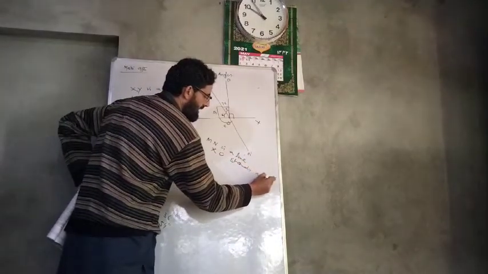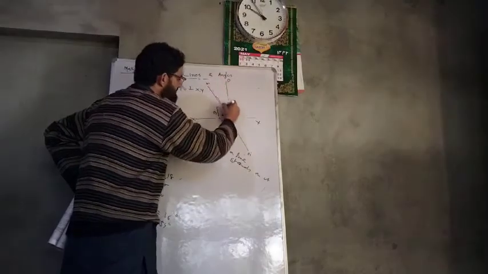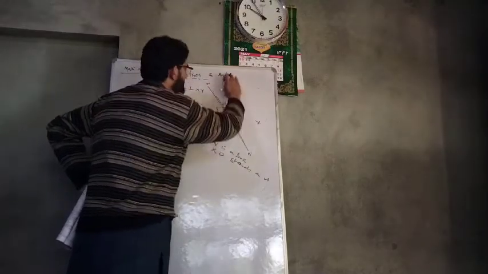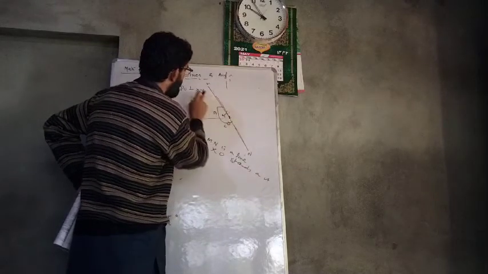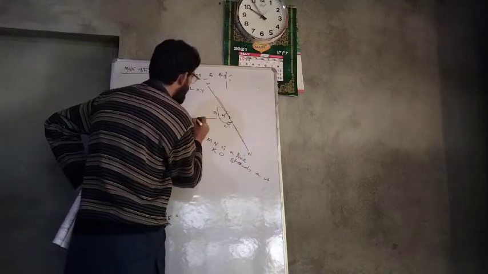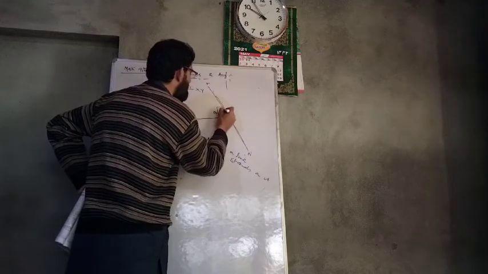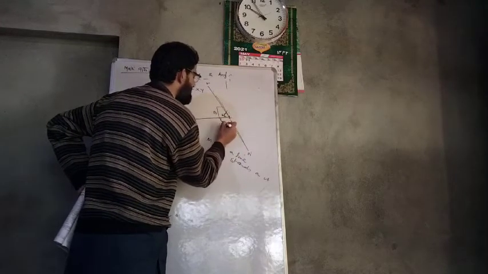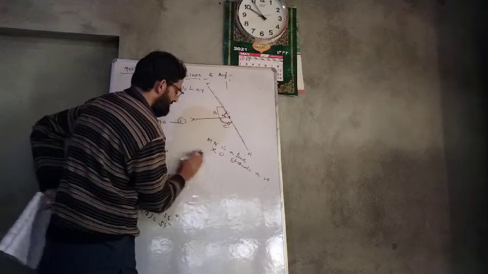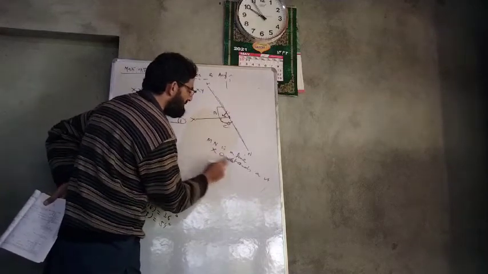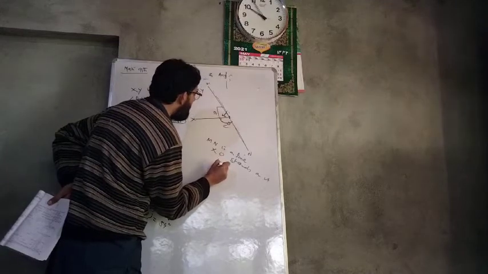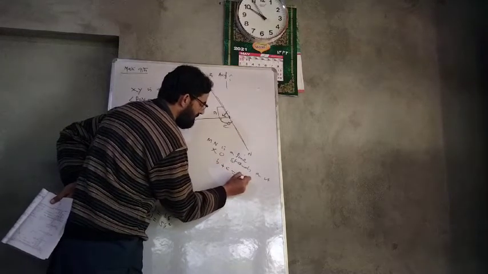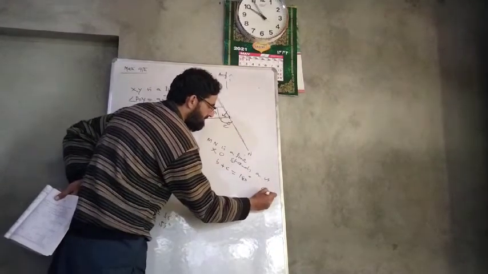Now see here, MN is a line and XO stands on it. Therefore, this angle plus this angle is equal to 180. Therefore, angle B plus angle C is equal to 180, linear pair.